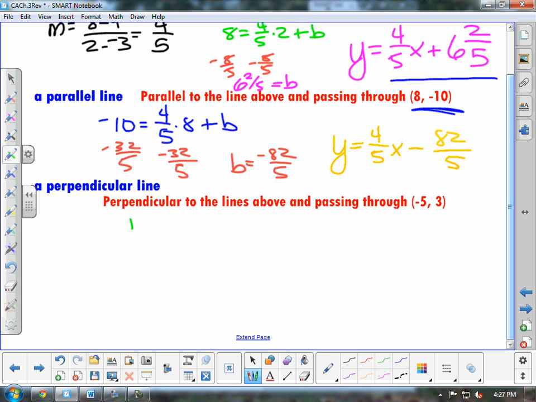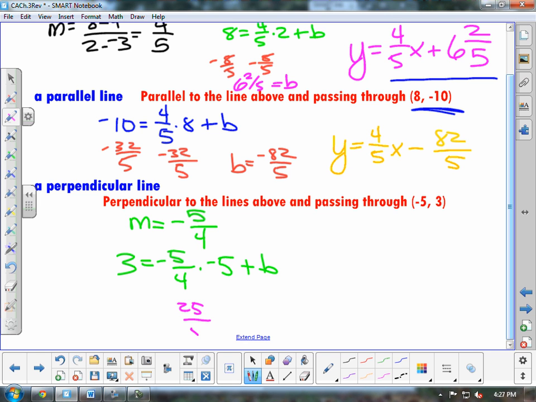And finally with this, finding a line that is perpendicular to the first line. There, remember, the slope has to be the opposite and the reciprocal. So negative 5/4. And then using negative 5, 3, you would have 3 equals negative 5/4 times negative 5 plus b. And when you multiply there, you would have 25/4, which is positive.